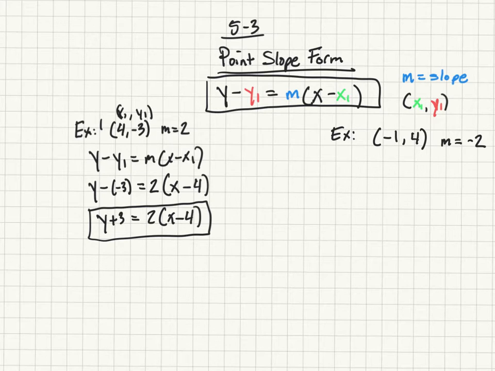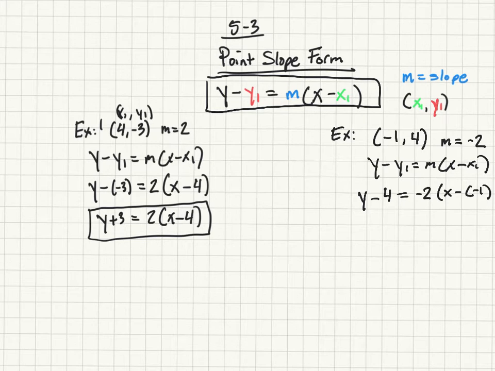All right, let me do another example. So again, we're going to turn this into point slope form. So we have y minus 4 equals, and our slope is a -2, so we plug that in, and then x minus a -1, which will then end up being y minus 4 equals -2, x plus 1.